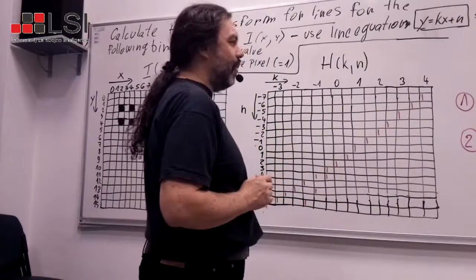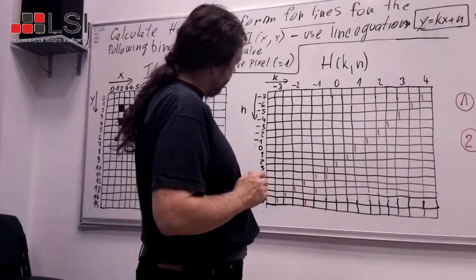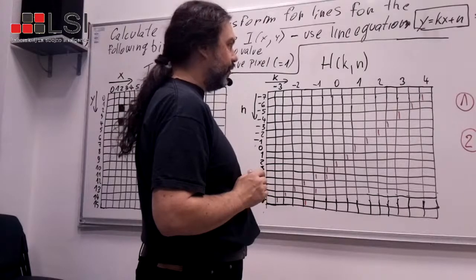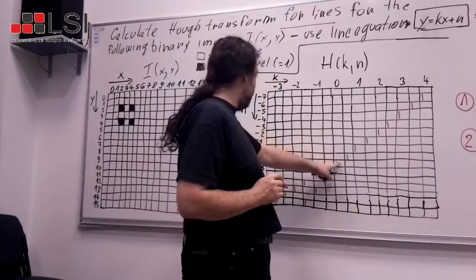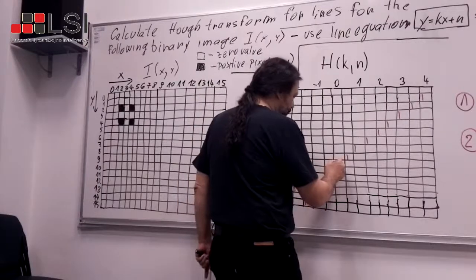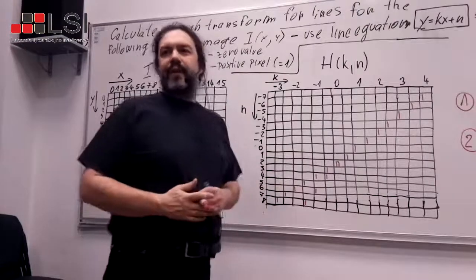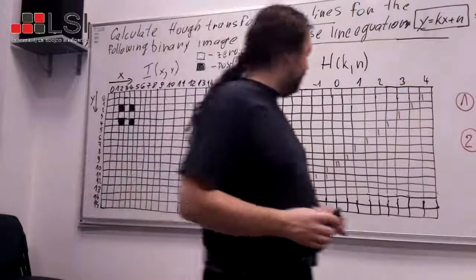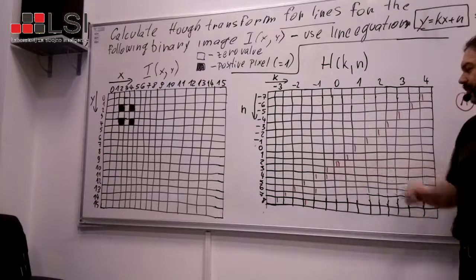Okay, and now for k of 0, so this is that column, we get the solution of n is 2. Wow. So now we have 2 votes here, okay? This is important. Now we have 2 votes here, and you can see we are adding votes. We added another line, you increase the score in that one.